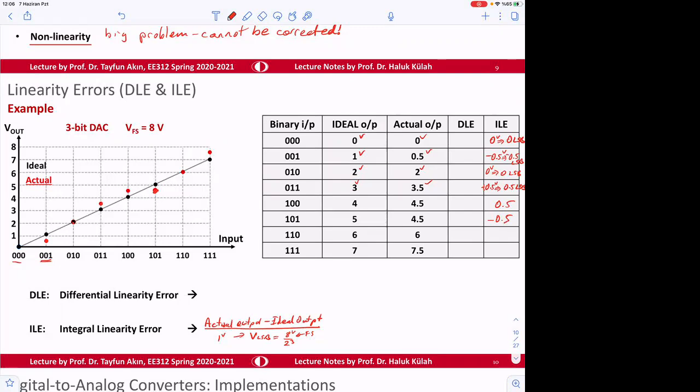It can be 0.4, 0.2, but for simplicity, it's given like this here. For 6 volt, it is correct, so this is 0. For 7 volt, it is 7.5, so this is going to be 0.5. So this integral nonlinearity error is defined in LSB for convenience. Okay. So this is 0.5 LSB.